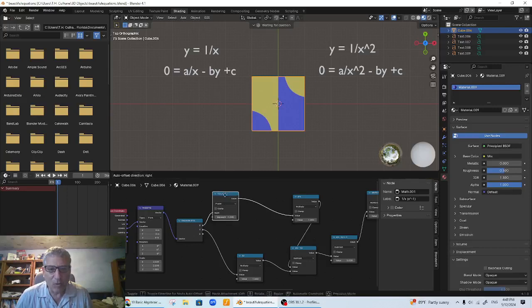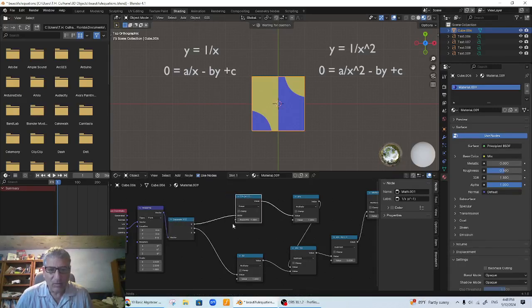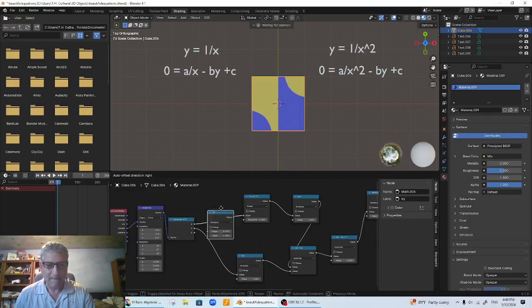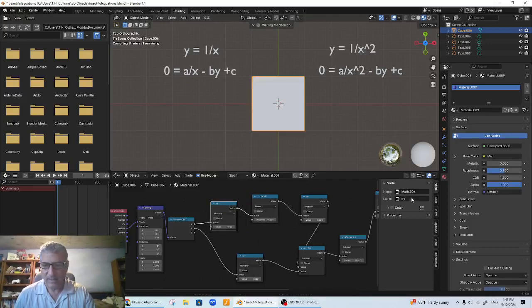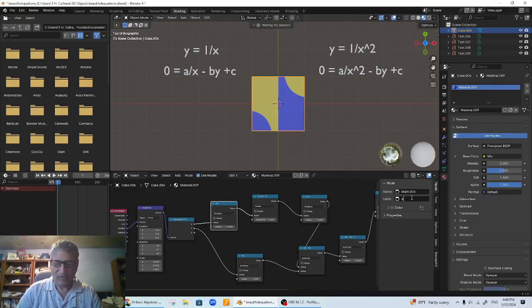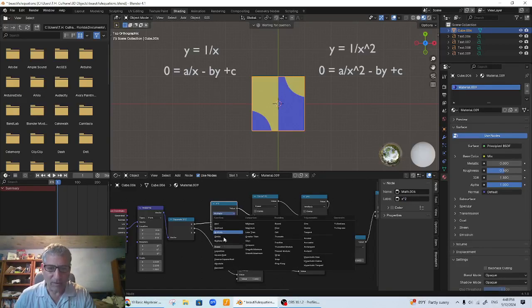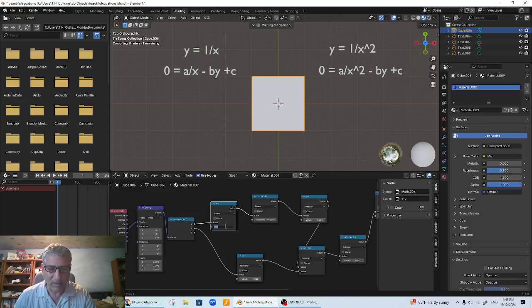If we were going to square this, the x we would have to square, then we would do a power of x first. So we'd add a math node, and this would be called x squared. And then we would square it by making it a power exponent 2.